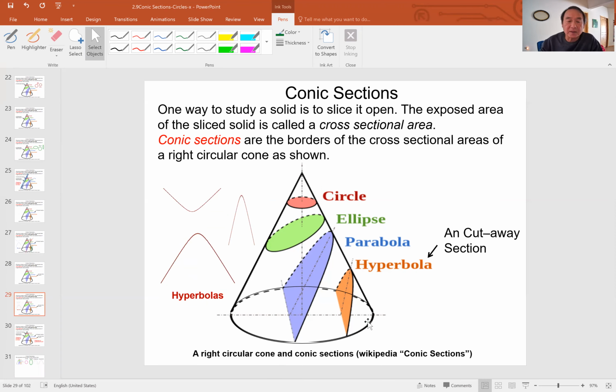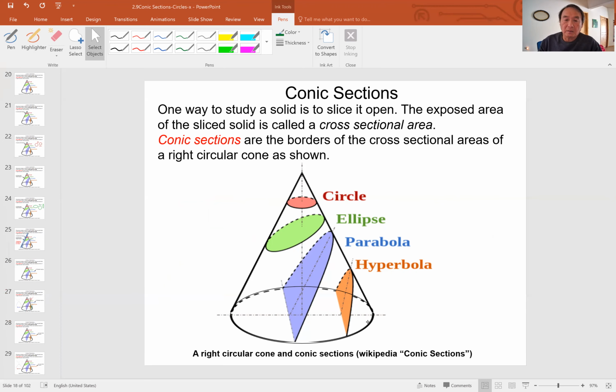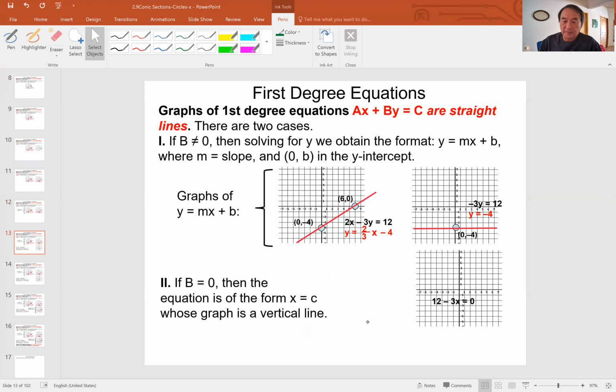They're called hyperbolas. They're kind of shaped like parabolas, but they have a lot sharper, pointier vertex. Okay. So these four types of curves correspond to these second degree equations that we have shown right here.